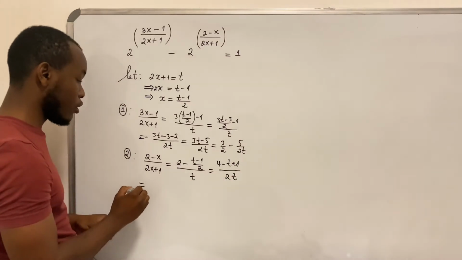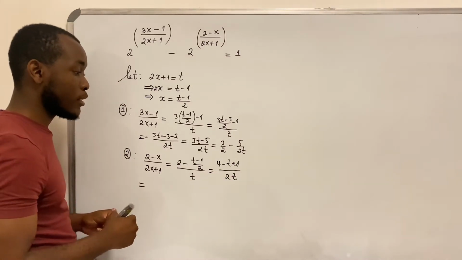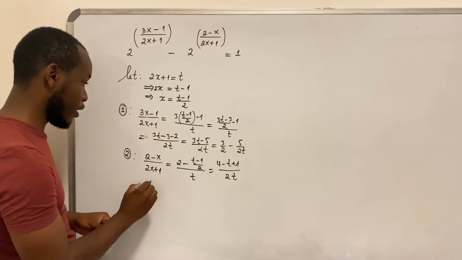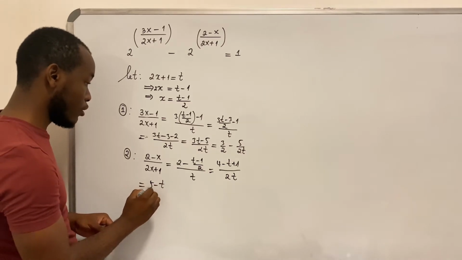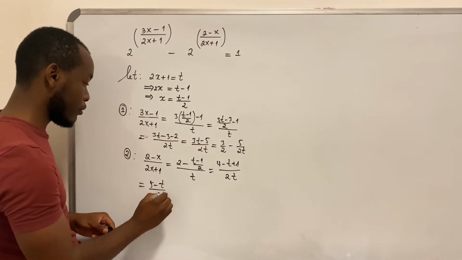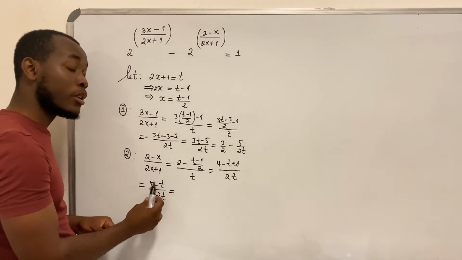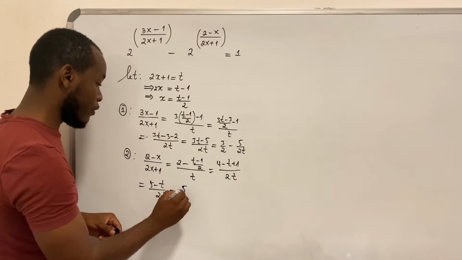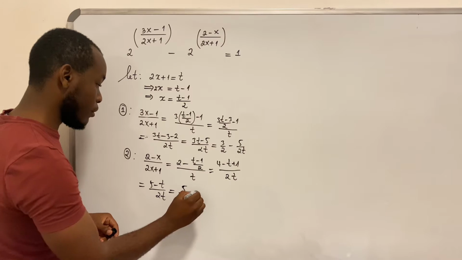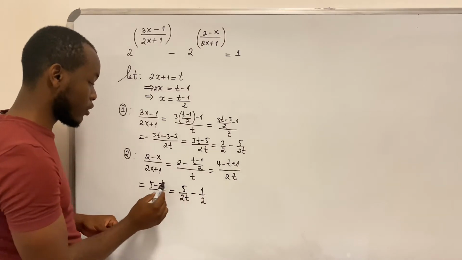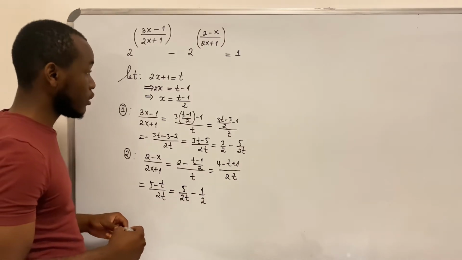Then 4 plus 1 is 5, so we have (5 minus t) over 2t. Separating each one with the denominator, we have 5 over 2t minus 1 over 2, because the t and t cancel out.